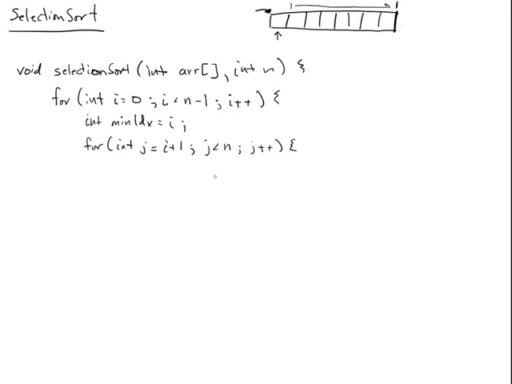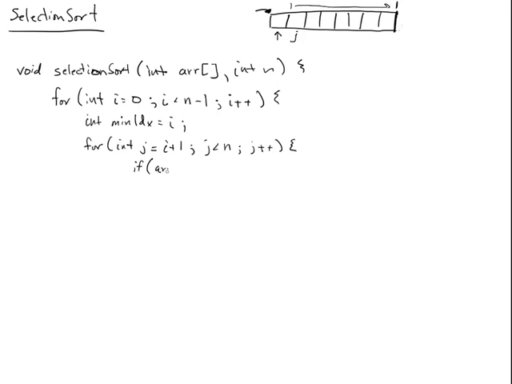Okay, so what do we want to do? We want to find the minimum value within this subset of the array. All right, so we know that we're starting here with j, and we want to find the minimum value. Well, we know that the minimum value is going to start off at this guy, so we're at least going to have a valid comparison.